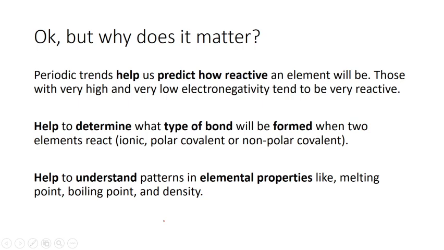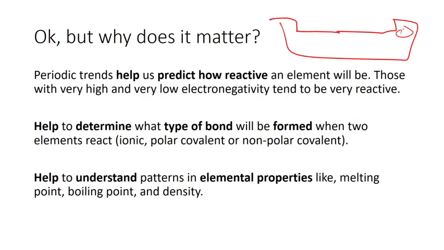So why do we bother learning about this? This really helps predict how reactive an element's going to be. Those with very high or very low electronegativity, like if we've got our periodic table here, the stuff over here that's really highly electronegative and the stuff over here that's very weakly electronegative, those are both super reactive, right?